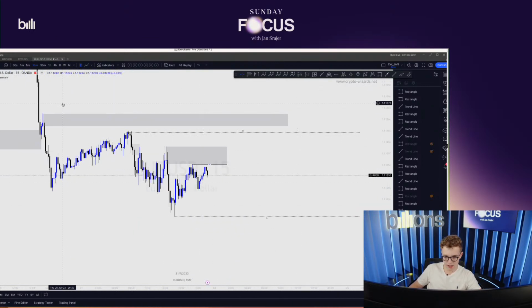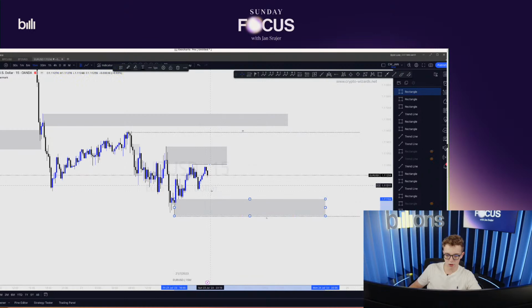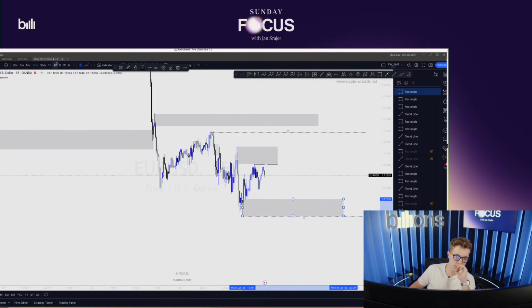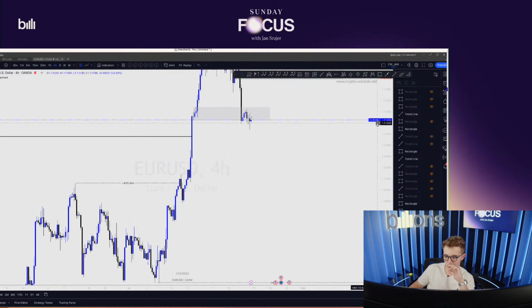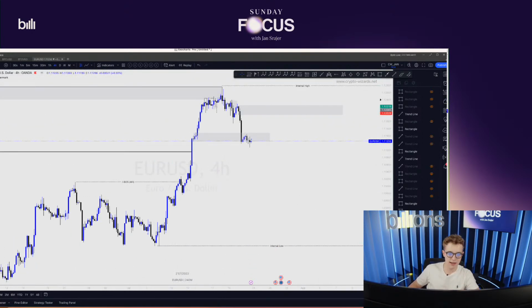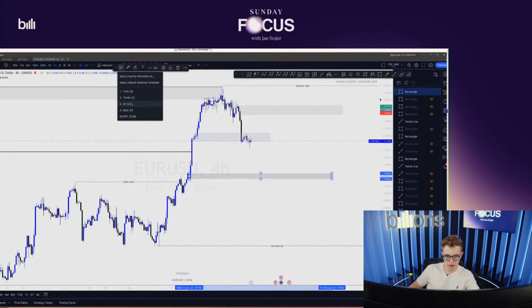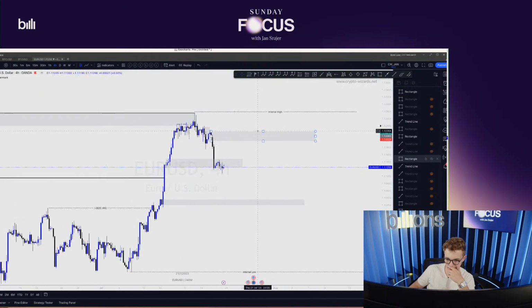Overall, this still is a pretty weak low. This level was partially mitigated, but I wouldn't be surprised if we're going to get another tap into this level, and then we'll see how it goes from there. Overall, on the Euro chart, I'll still be looking for a move down, to be honest, down to this zone here. Wouldn't be surprised if we get a move down and basically mitigate this level.